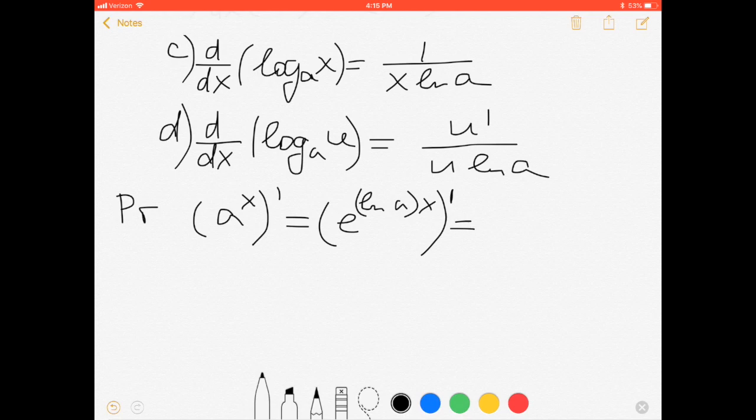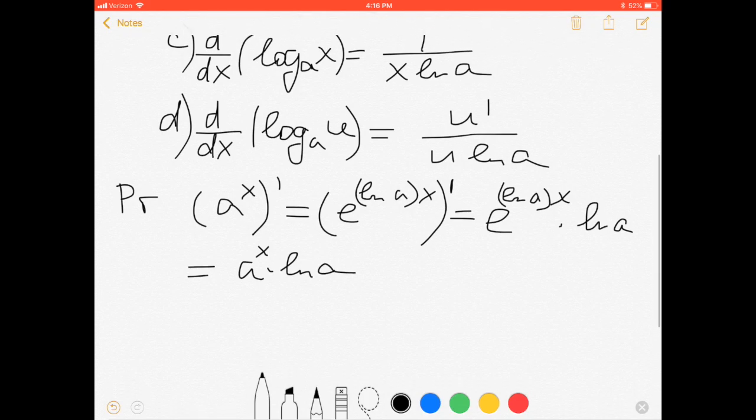This means the derivative will be the same function multiplied by the derivative of the exponent. But the derivative of the exponent is the coefficient ln a multiplied by x, which gives exactly the coefficient ln a. If we go back and use our identity one more time, it will be a to the power x times ln a. Exactly what we need to prove.